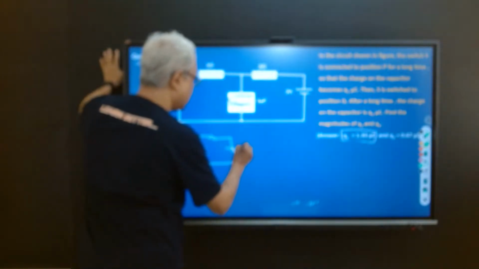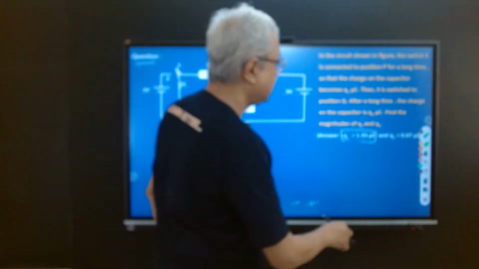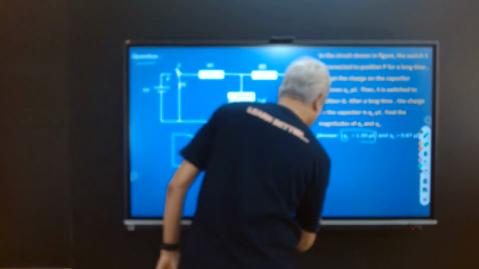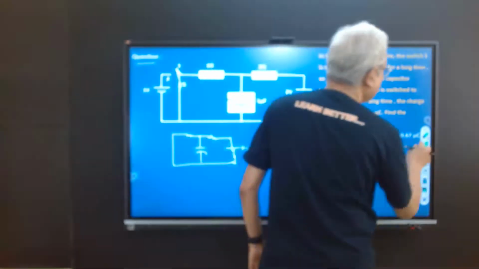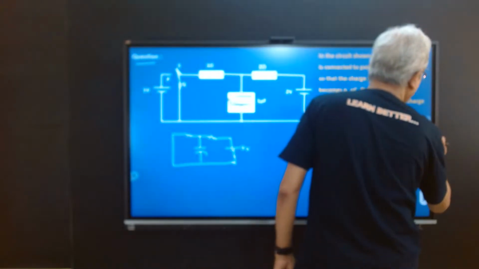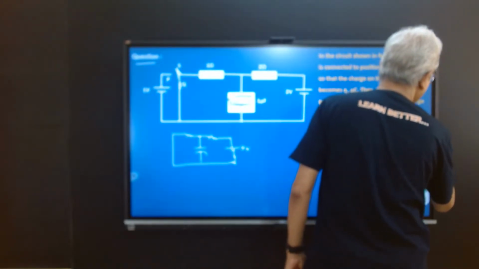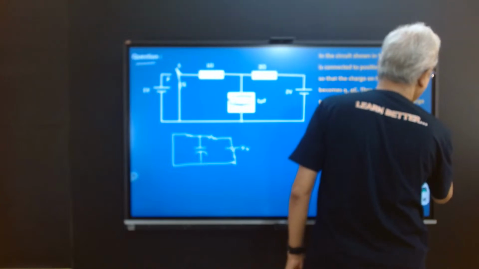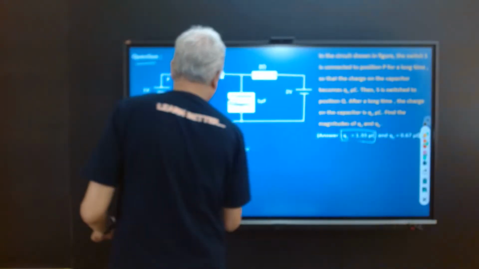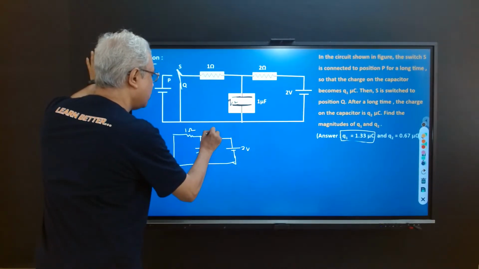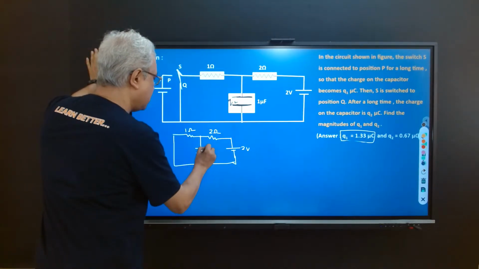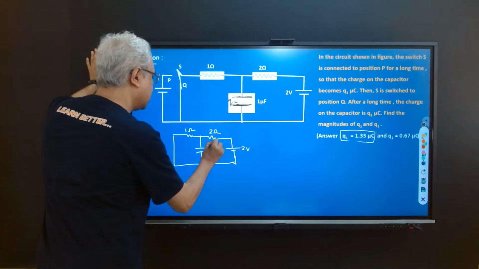This is a 2 volt battery. This is a 1 ohm resistor. This is a 2 ohm resistor, and this is the 1 microfarad capacitor.